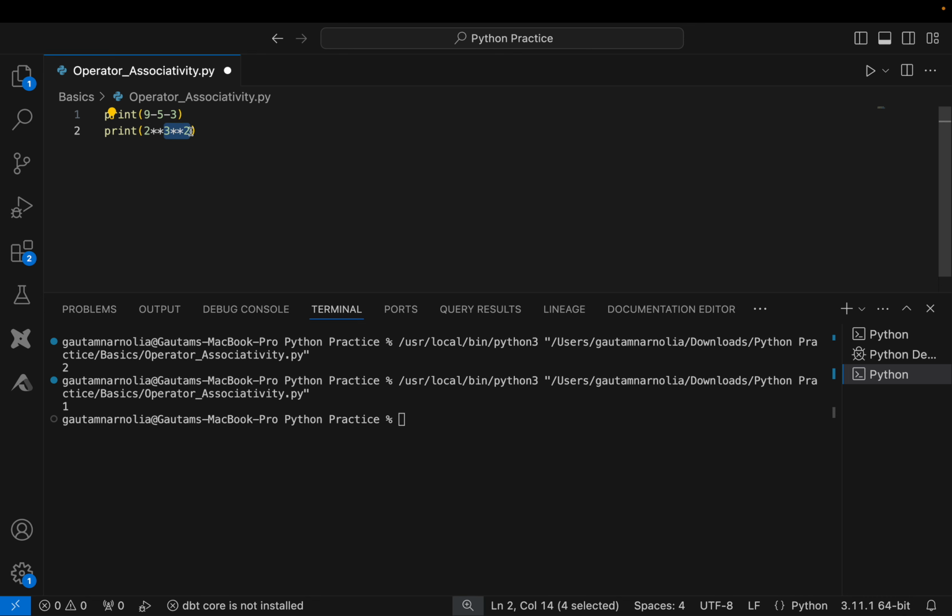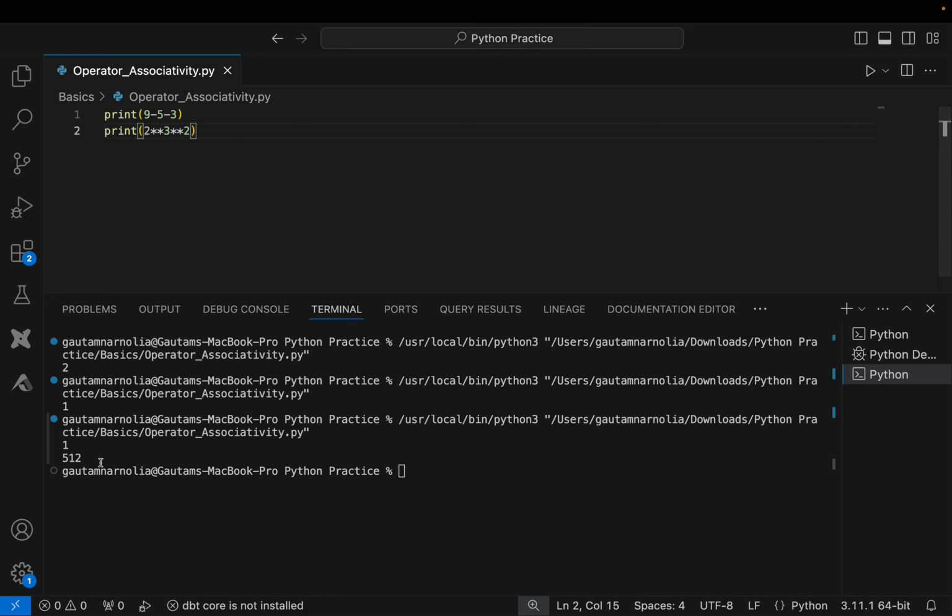So 3 to the power 2 becomes 9, and then 2 to the power 9 becomes 512. So the earlier one is evaluated from left to right, but this is evaluated from right to left. Most of the operators work from left to right, but in the case of exponentiation, it is evaluated from right to left.